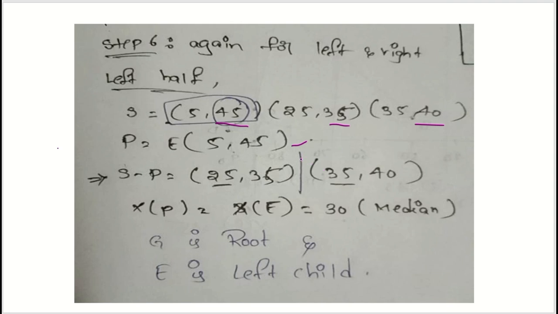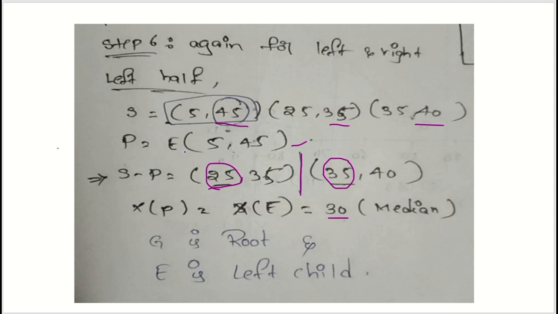2 equal halves means these are only 2 values. So I am taking 25, 35 on one side and 35, 40 on one side. You know how to find the median: for x coordinate I am finding the median of 25 and 35. What is the value here? 60. Then 60 by 2 is 30 only.